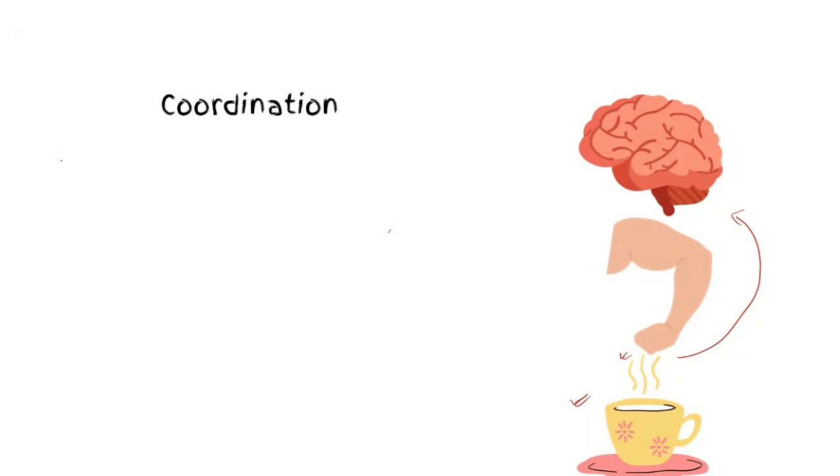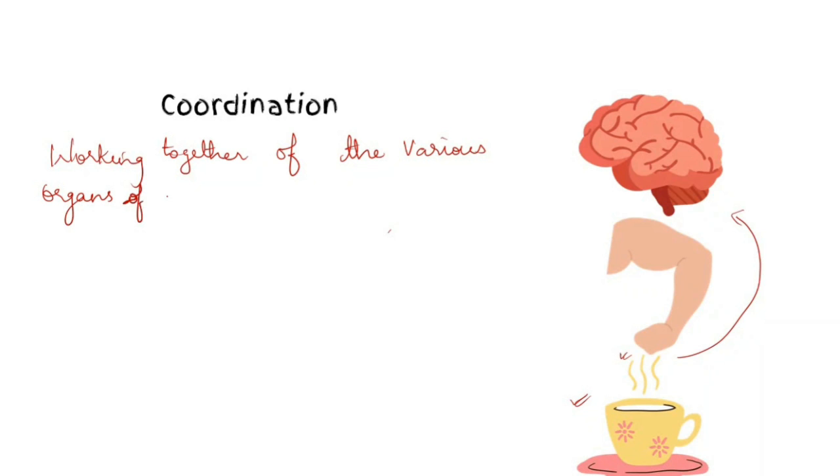So coordination means the working together of the various organs of an organism. And how does it work?